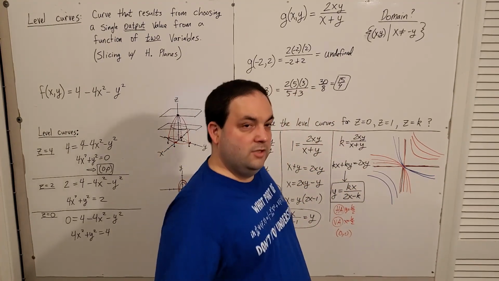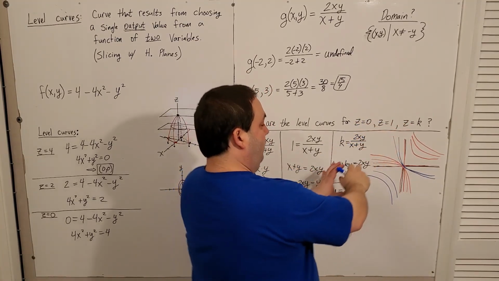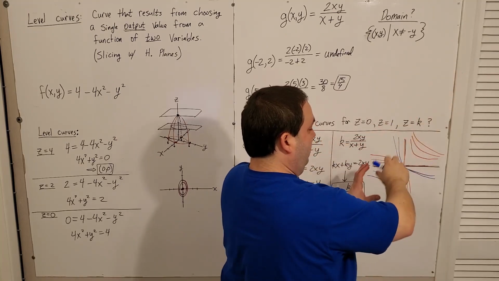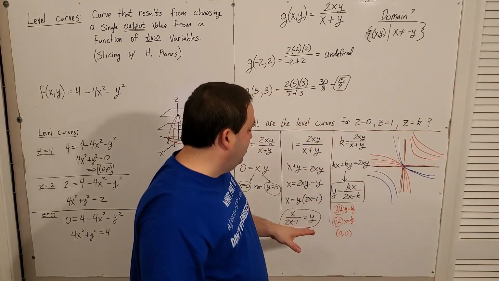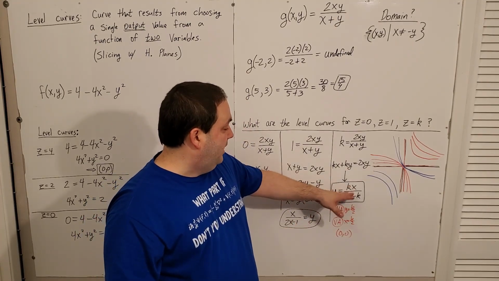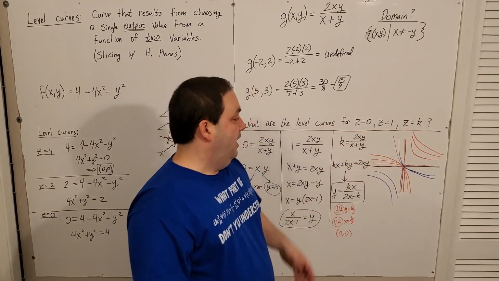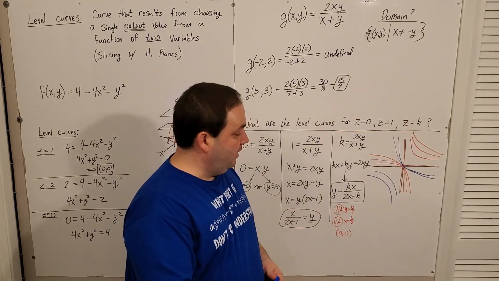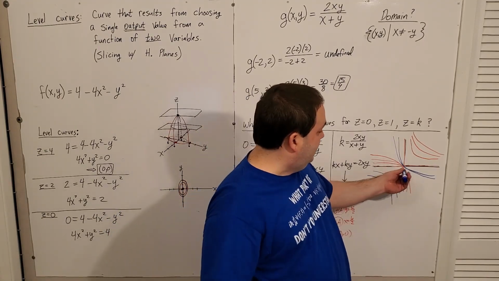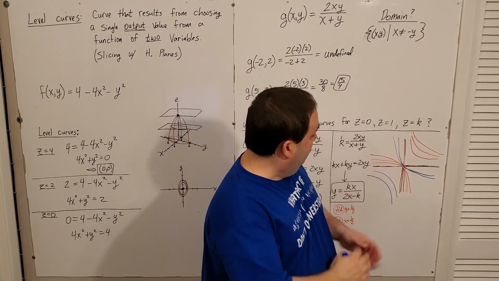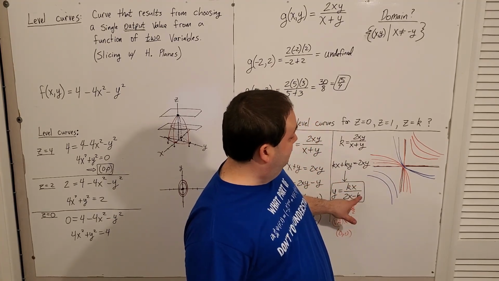Okay? So your hyperbolas are shifting back and forth basically, right? But some of them will go out this way and then other ones will go out this way. And it has to do with whether k, which really k is the z value, right? Being negative or positive. Okay? So keeping track of that, I'm thinking to myself, okay, if z is coming out of the board here, then those level curves that I drew in blue when k were negative, right?